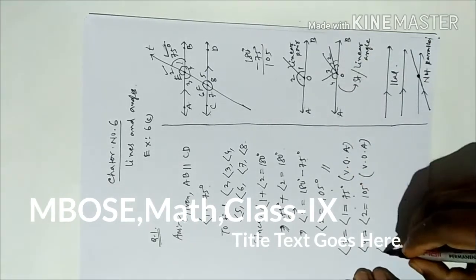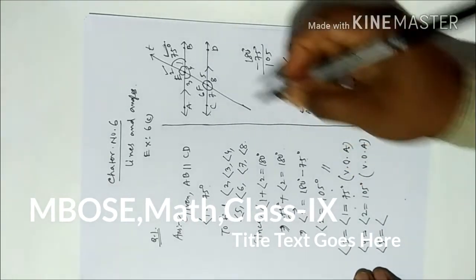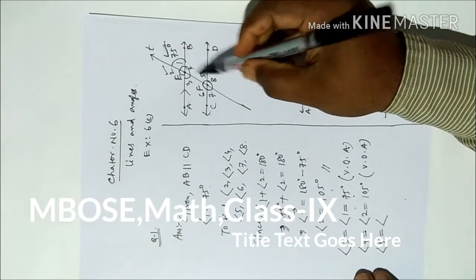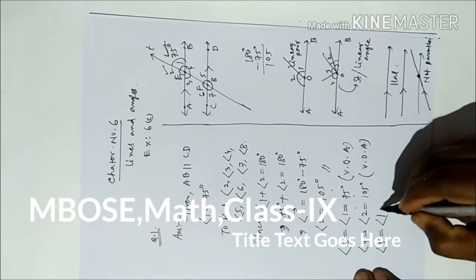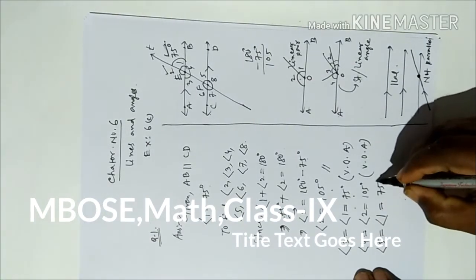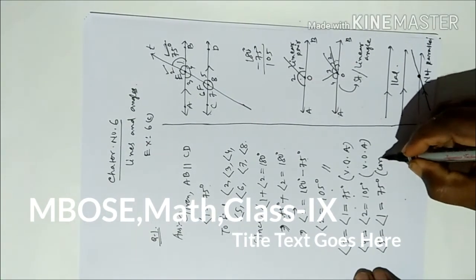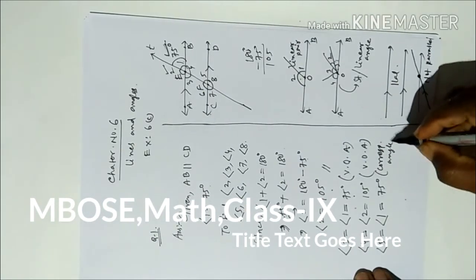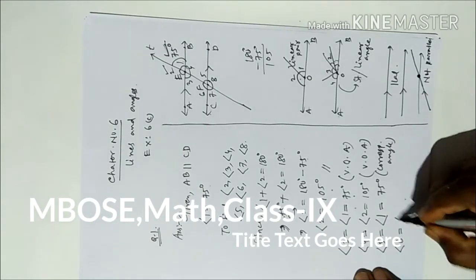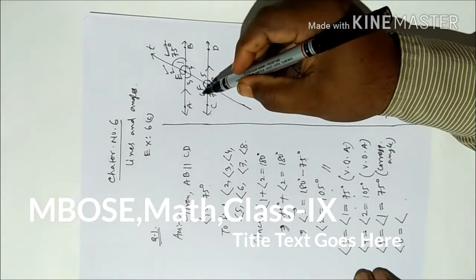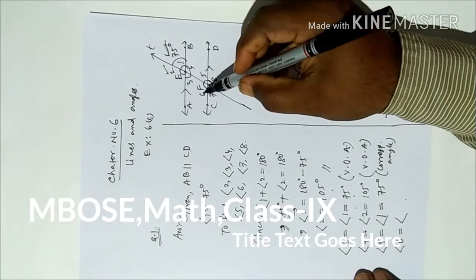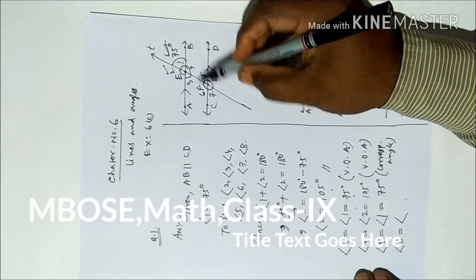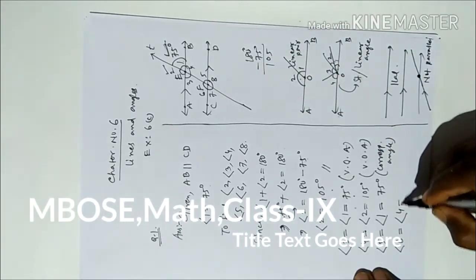Next, angle 5 equals what? You see here 5 and 1 we call corresponding angles. Just now you got 75, so you write here corresponding angle. Next, angle 6 equals 8, and 6 also equals 4.